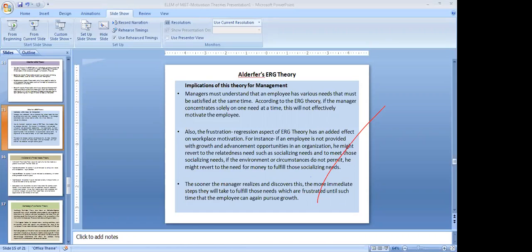For instance, let's say an employee is out of work, lost his job for some period of time. Now he gains a position in a newspaper firm, maybe as a copy assistant at a local newspaper firm.